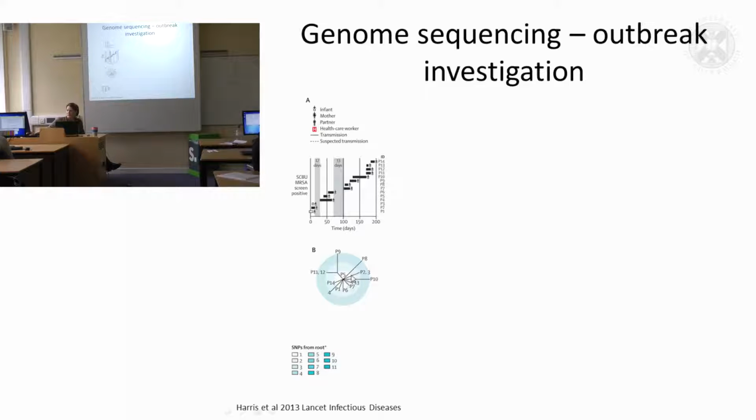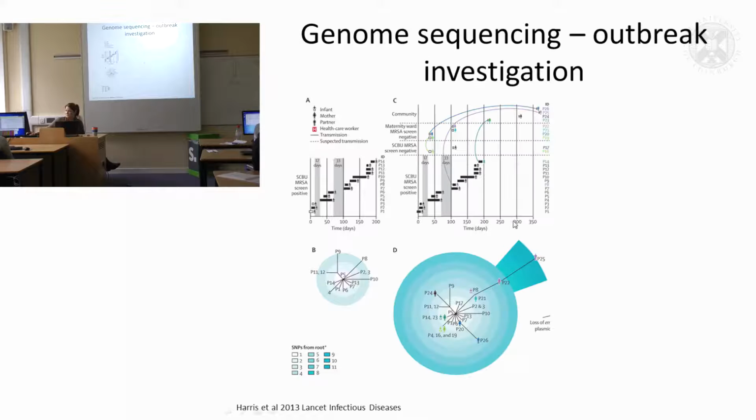So this is the number of SNPs, so number of single mutations difference. So you can see a lot of them only have one mutation difference from this P5 individual, which is this one here. And then some of the other ones have maybe 5 or 6 SNPs. There's some kind of gradient here.